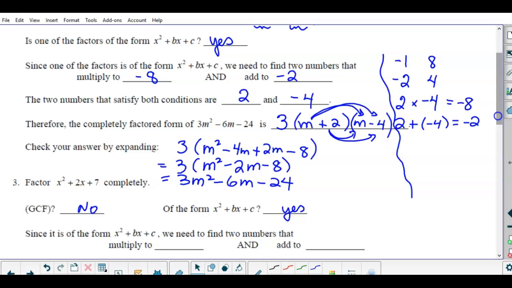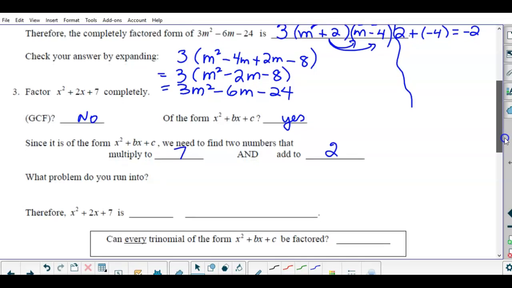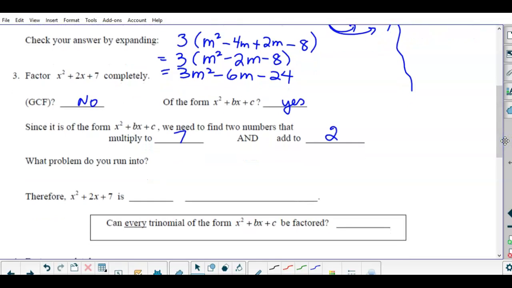So we need to find two numbers that multiply to 7 and add to 2. Well, if you are dealing with a prime number, like 7, the only choice is 1 times 7 or negative 1 times negative 7. Neither of those add to 2. No. Okay, what problem do you run into?